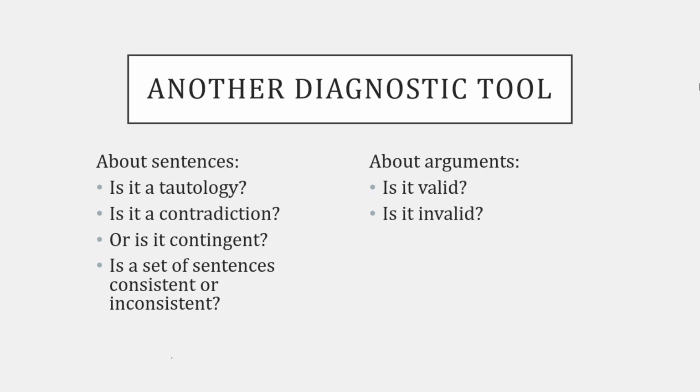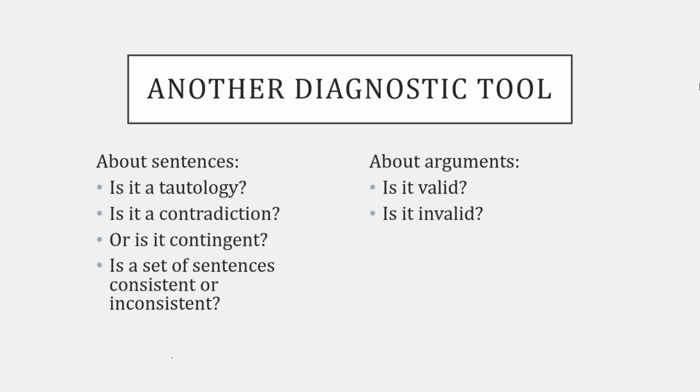You can tell about a sentence whether it is a tautology or a contradiction or contingent. And I'll explain what those things mean in just a minute. And you can also tell of a set of sentences, a collection of sentences, whether they are consistent or inconsistent. And we can also apply truth tables to arguments. So we can use truth tables as a test to see whether an argument is valid or invalid.